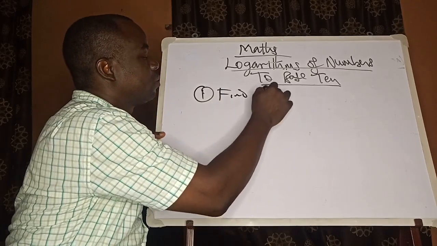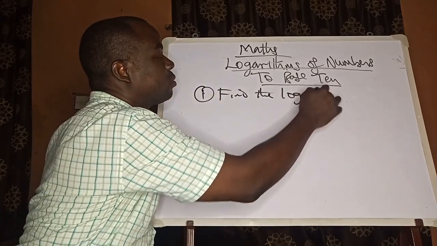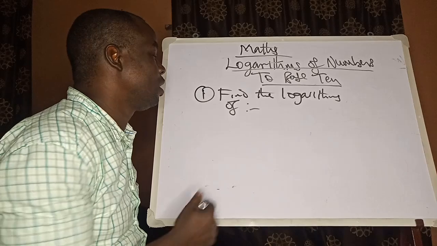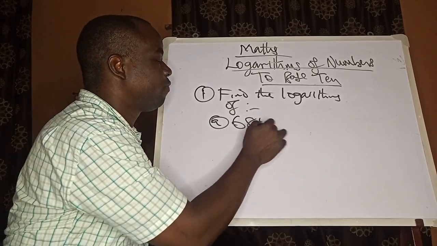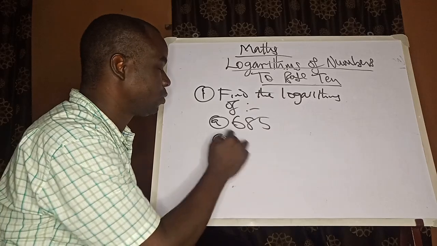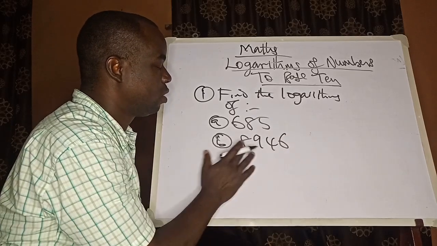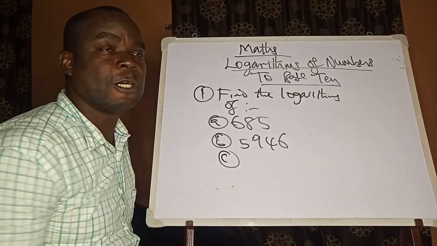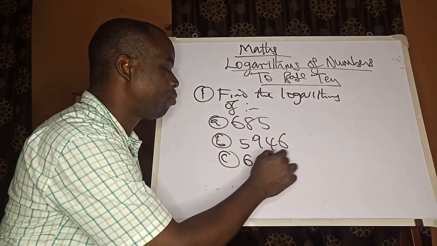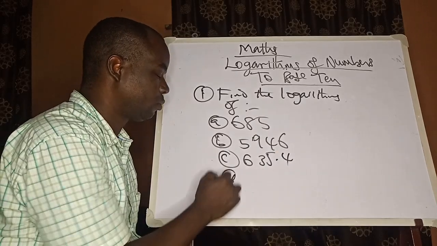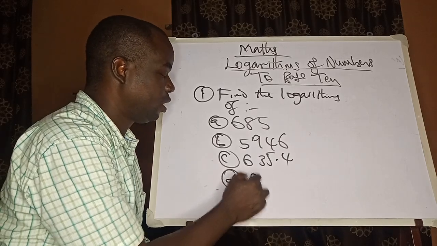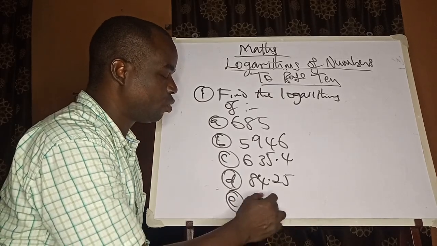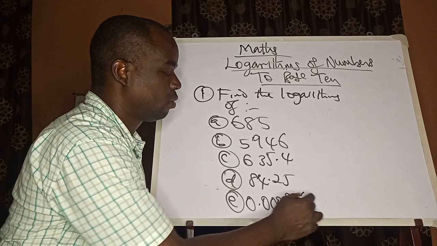Find the logarithms of, now let's go one by one: 685, 5946, 635.4, 84.25, 0.000846.